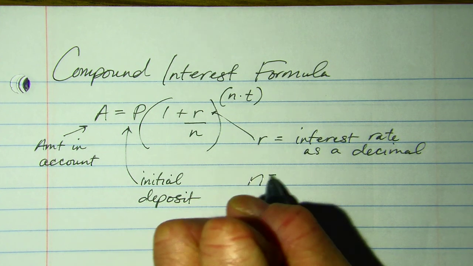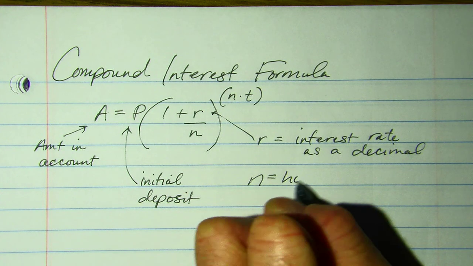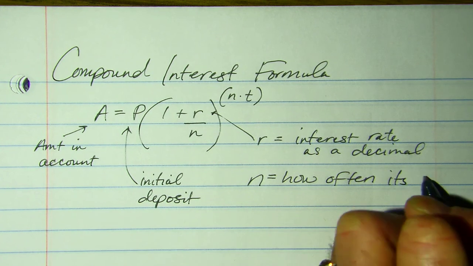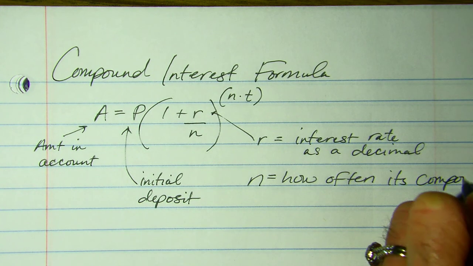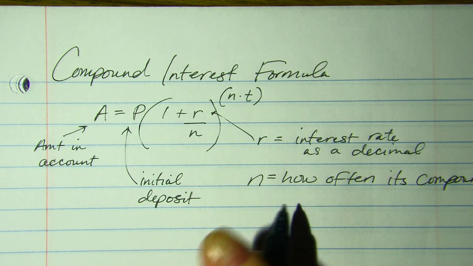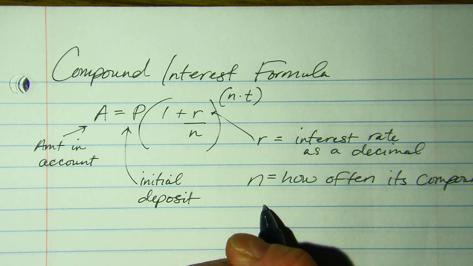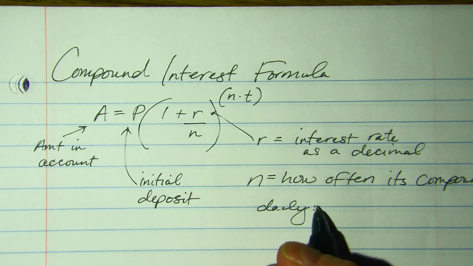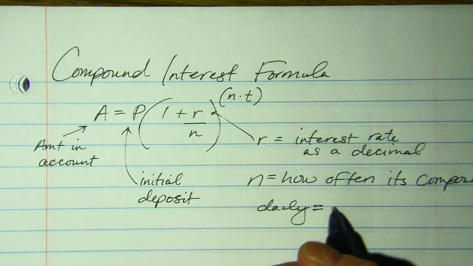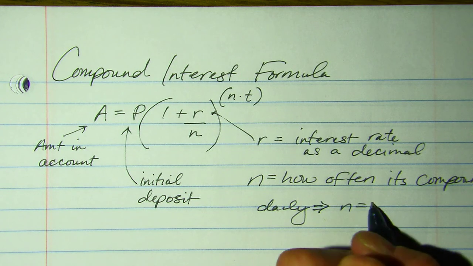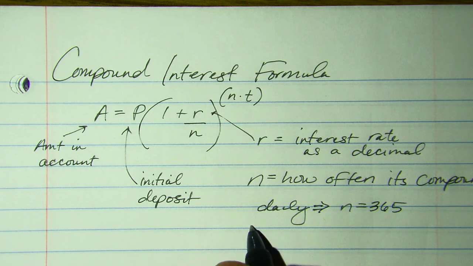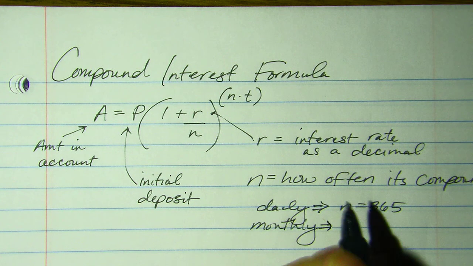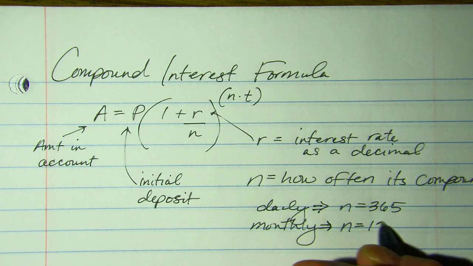N is how often it's compounded. And so I'm going to give you a little cheat sheet. If it says daily, well, there are 365 days in the year. So N would equal 365. If it says monthly, there are 12 months in the year. So N would equal 12.